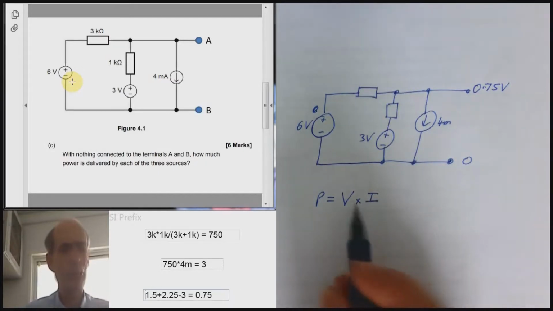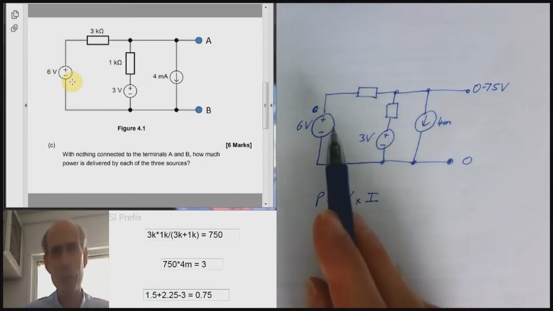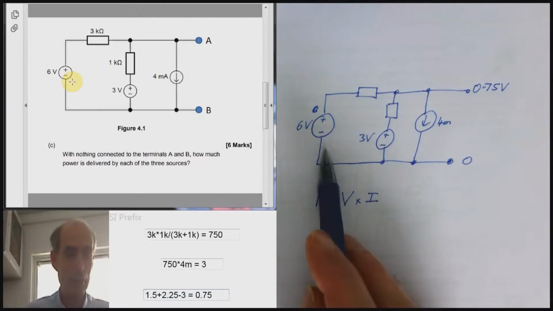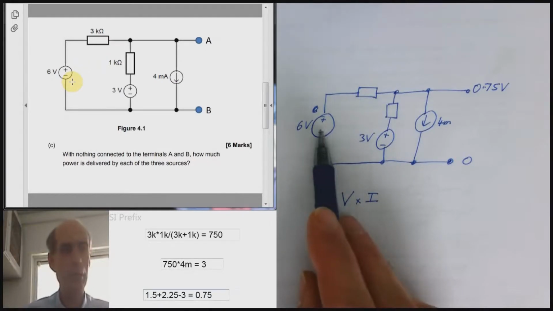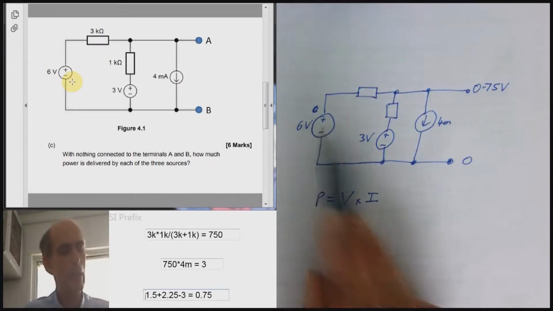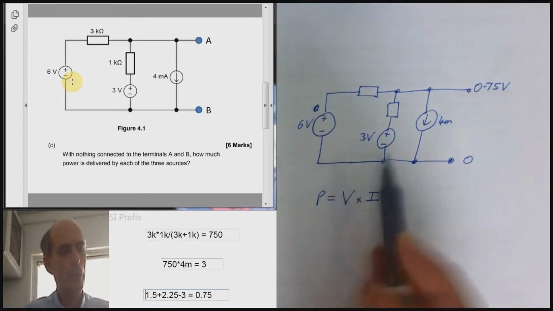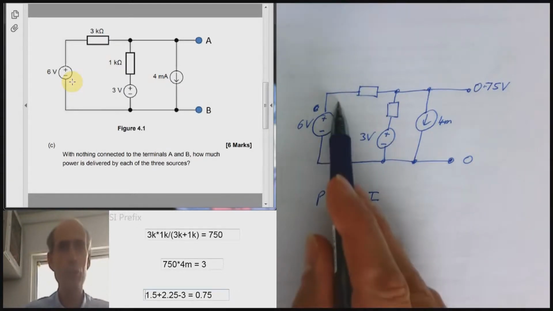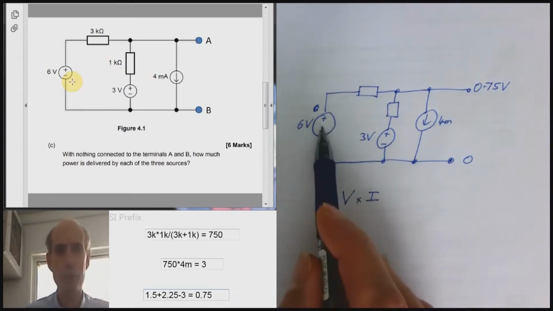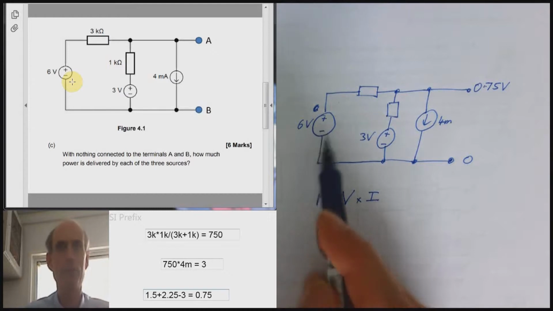And if the current is flowing from the higher voltage to the lower voltage, that means that energy is coming out of the circuit. The source is actually removing energy from the circuit. If the current is going from a lower voltage to a higher voltage, that means that the source is having to put energy into the circuit.